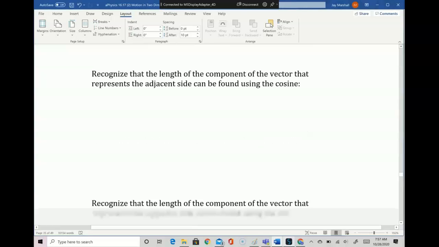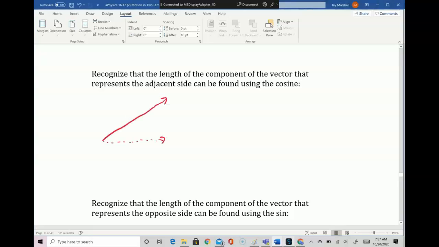So, if I have this vector, and I want to find this side of it, let's say this angle is 30 degrees, and I want to find Vx. Remember, this would be the hypotenuse, and this would be the adjacent side.